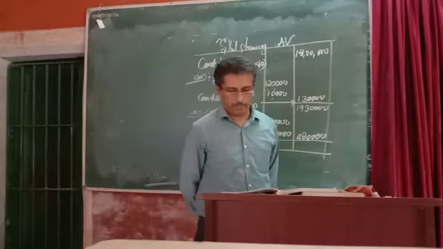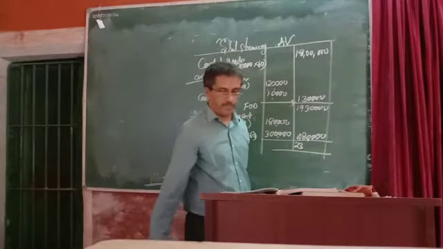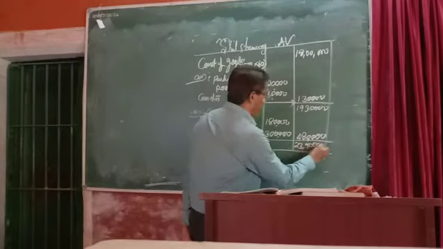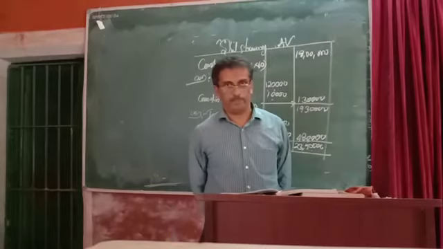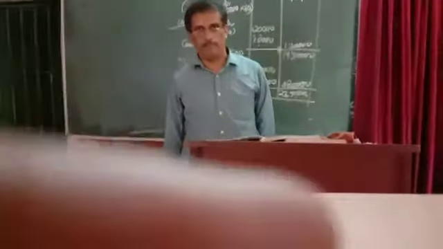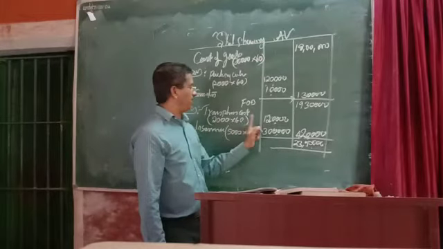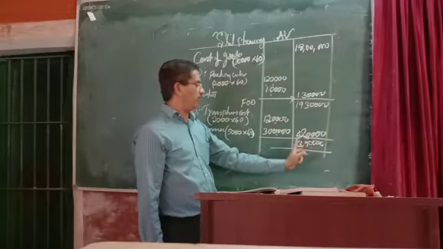The assessable value should be 23,50,000. Actually, I made a mistake here. 2,000 into 60 is 1,20,000, it is not 1,80,000. So total should be 4,20,000.